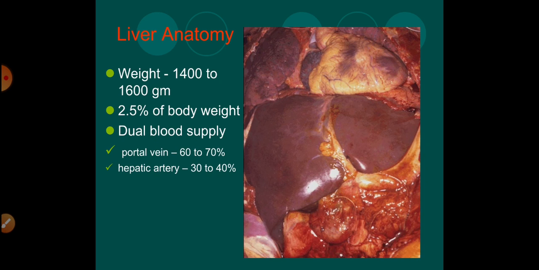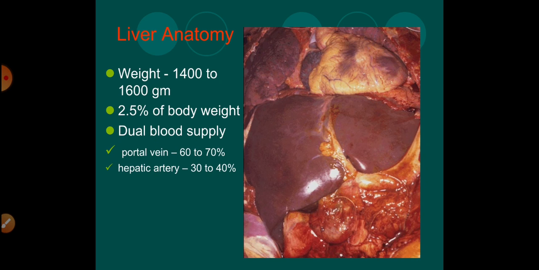Coming to the anatomy of liver, liver is one of the larger organs of the body. It weighs around 1400 to 1600 grams and constitutes about 2.5% of the body weight. Liver is one of the organs having dual blood supply. The portal vein supplies around 60 to 70% of the blood to the liver.